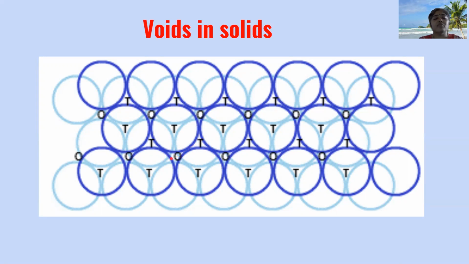And when an octahedral void is formed, if you take the centers of the spheres responsible for forming this octahedral void and join them together, it will give rise to an octahedral geometry, having 8 faces, and that is why this void is also called an octahedral void. But in reality, an octahedral void is formed by 6 spheres or 6 atoms, whereas a tetrahedral void is formed by 4 atoms.